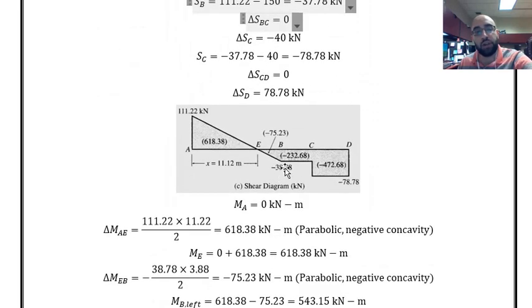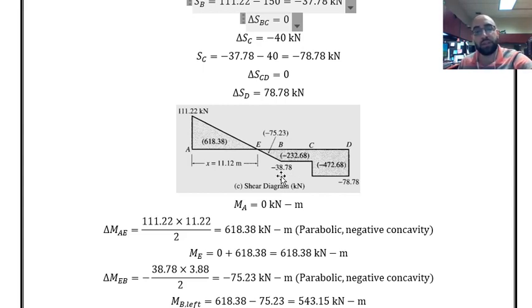So right now we are right after point B. If I look at the shear diagram, which is the important diagram to look at for obtaining the bending moment, from point B to point C, the shear is a constant value, right? The intensity of shear is minus 38.78. When the shear is a constant value, it means that the slope of the bending moment is a constant value, which means it is going to have a linear shape.